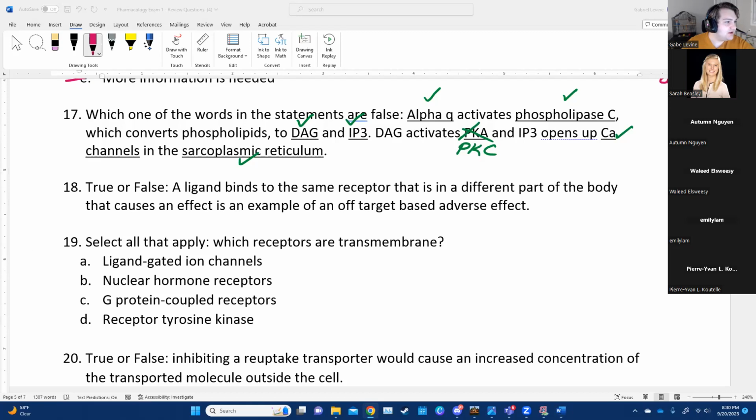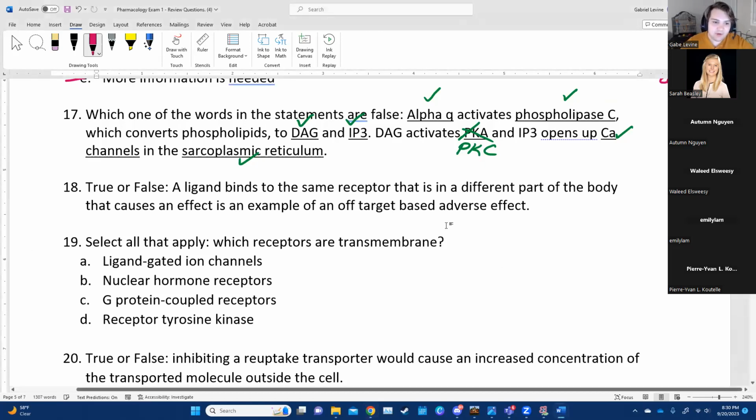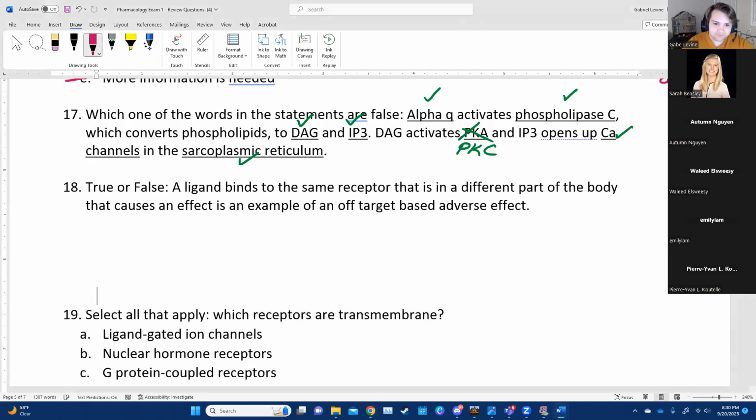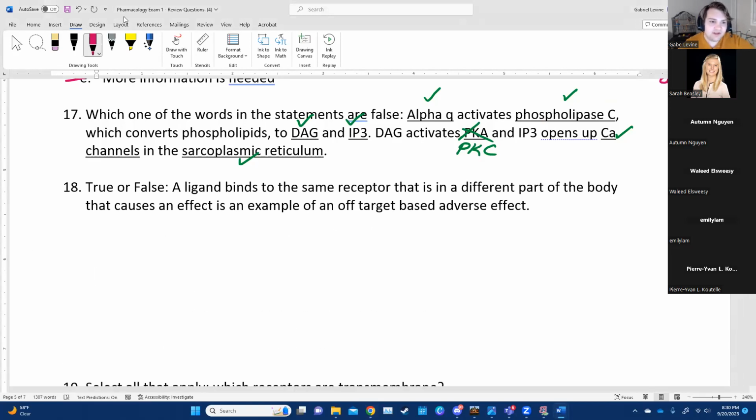Yeah, it would be a mechanism based adverse effect. The way I like to think about it is, in the body, when we have a drug, we can have the intended tissue and the unintended tissue.